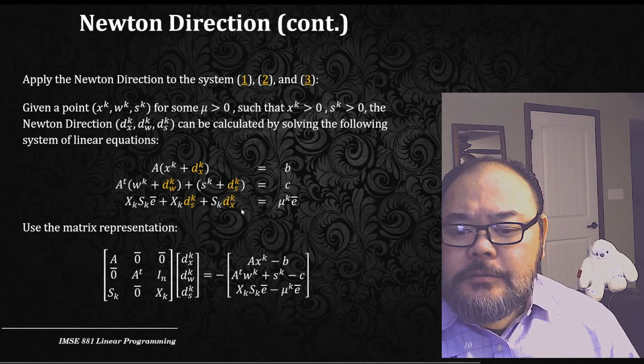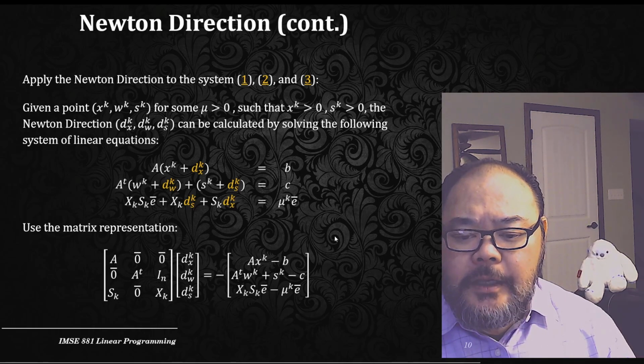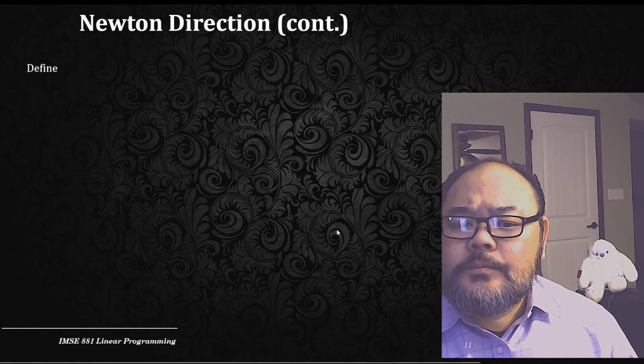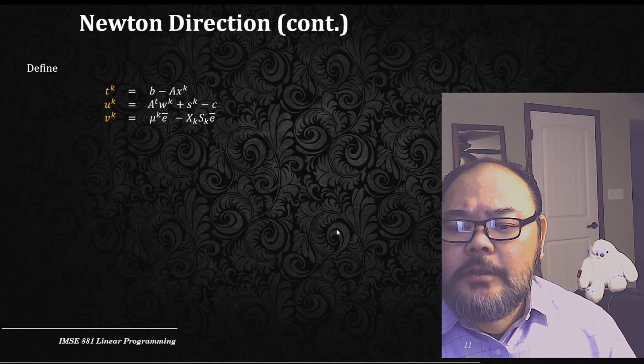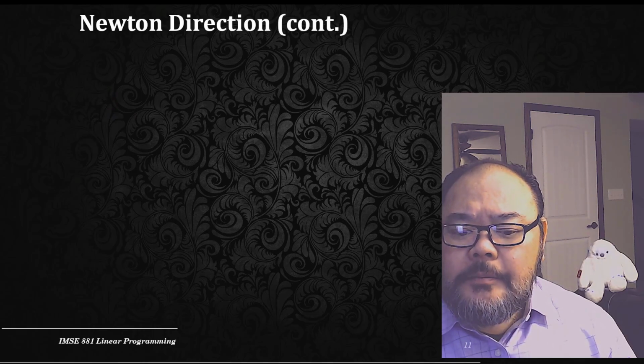We're reorganizing terms, and the decision vectors we're trying to solve for are dxk, d omega k, and dsk, which are the directions for the primal and dual variables. Look at the next one. It's a little bit more complicated than the previous slide.